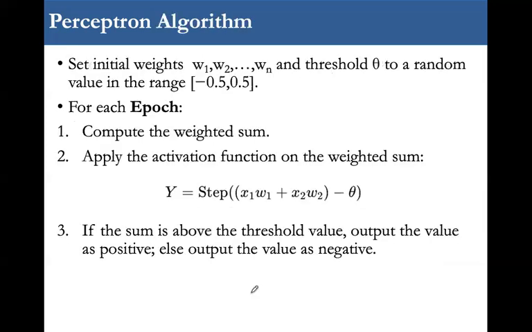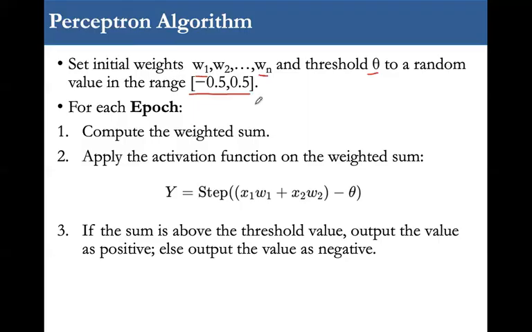Now we look into the perceptron algorithm. The first thing is we need to set the initial weight values for w1, w2, etc. to wn, as well as the threshold value theta, in the range of minus 0.5 to 0.5. And then there are 5 steps.